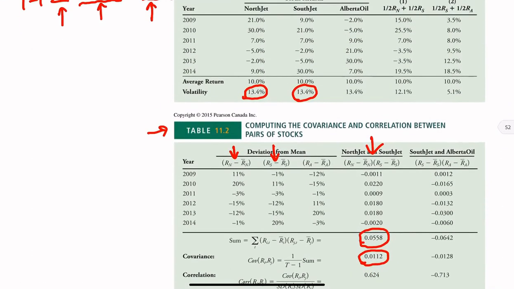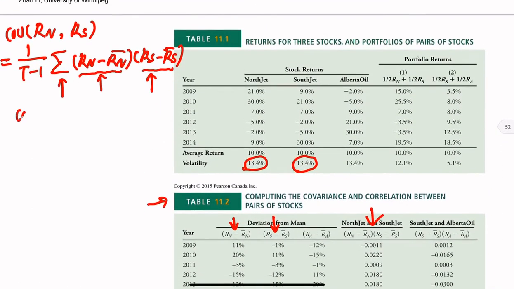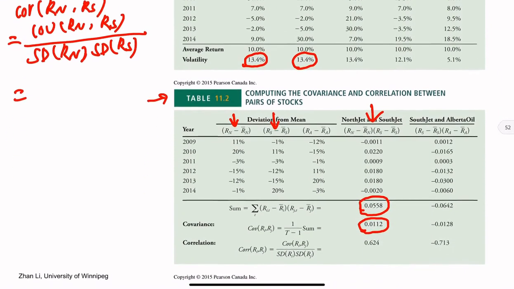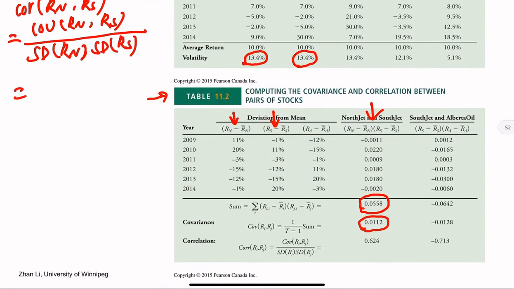So basically, the correlation of North Jet and South Jet equals the covariance of North Jet and South Jet divided by the standard deviation of North Jet times the standard deviation of South Jet. And we have found out the correlation is this value here.